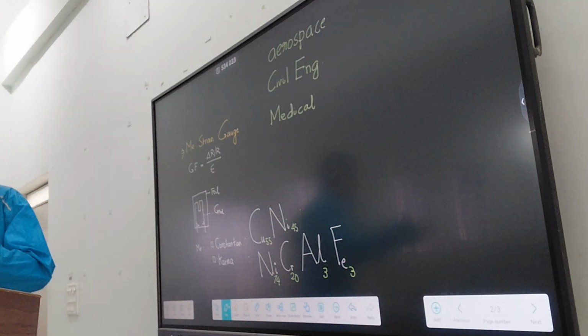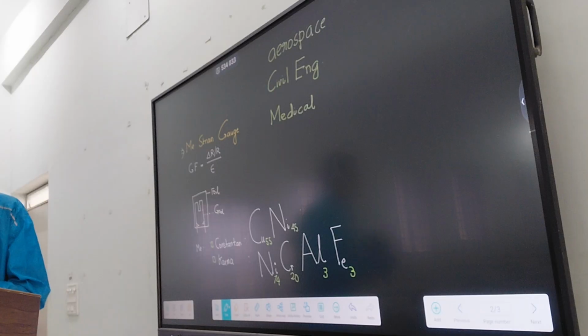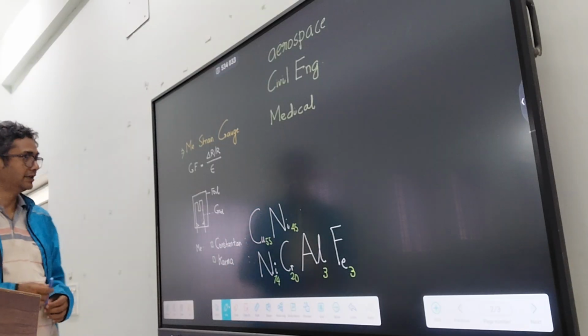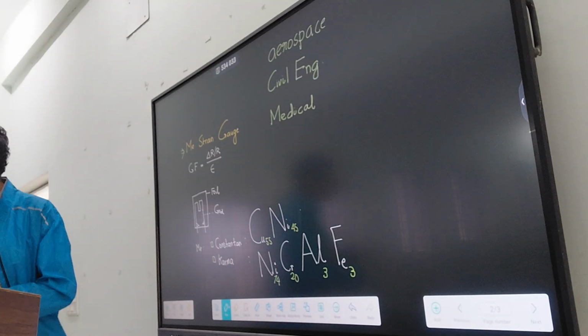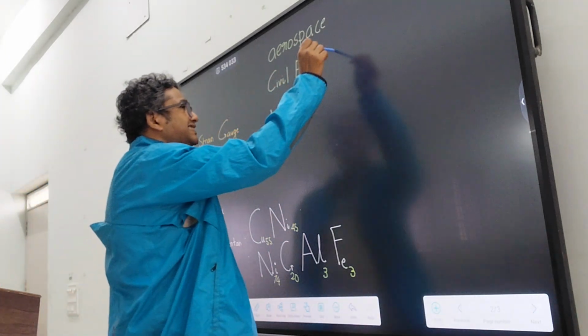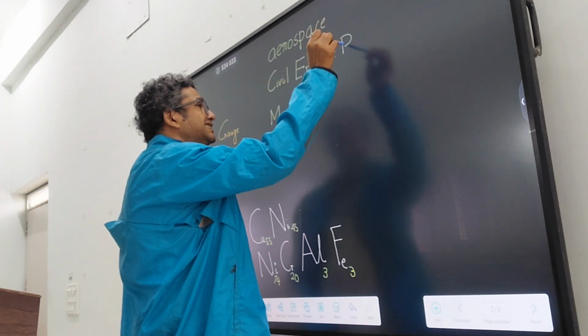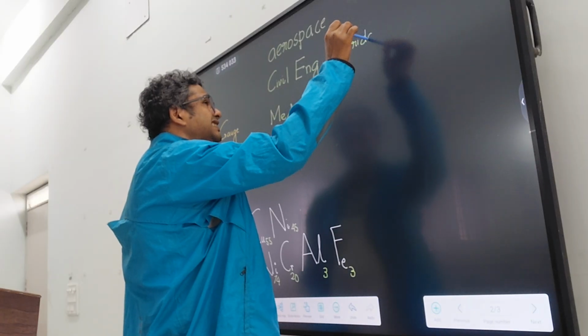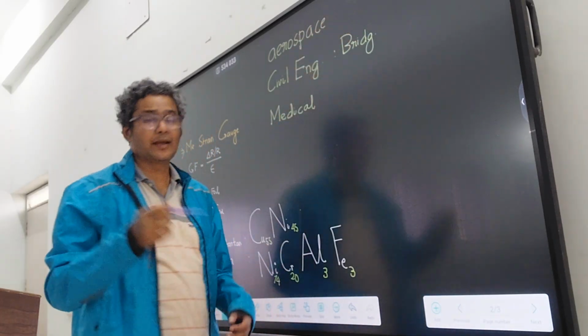How much strain is happening? Suppose an aircraft is flying, it is under constant strain. So we need to measure it so that before the failure of the part, you can replace it. Okay. So in that case, you can use a metallic strain sensor. Civil engineering maybe in bridges. And dams.